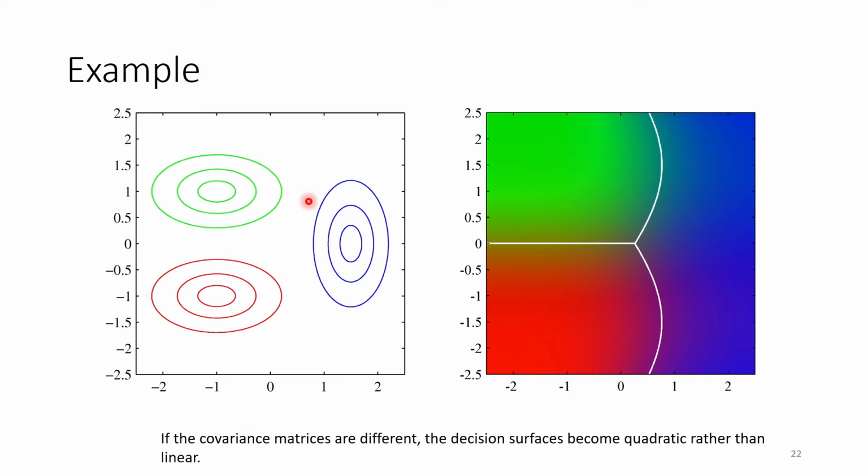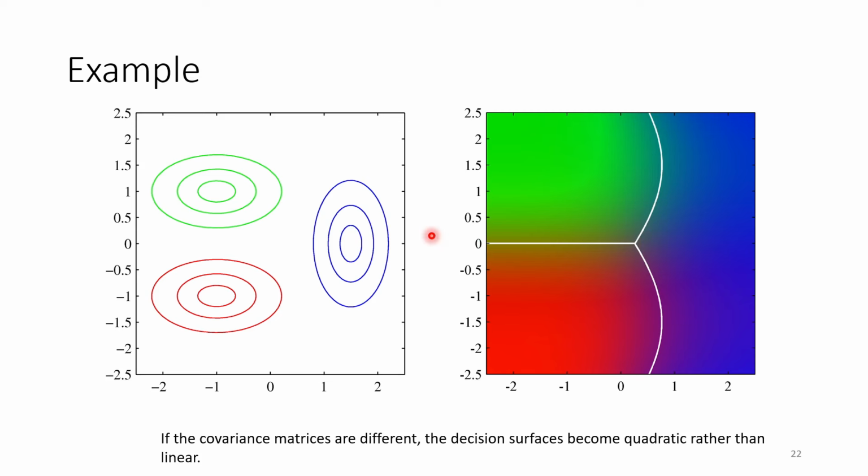This is their decision boundary for the green and the red one: a straight line to separate the two distributions. For the third Gaussian distribution, the decision boundary will be a quadratic curve.